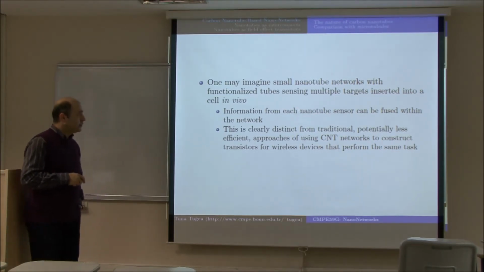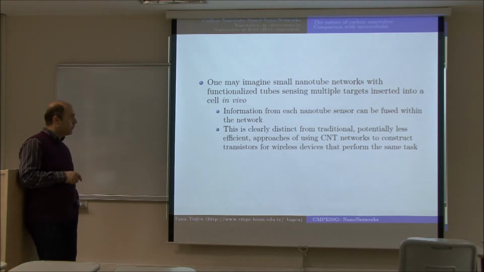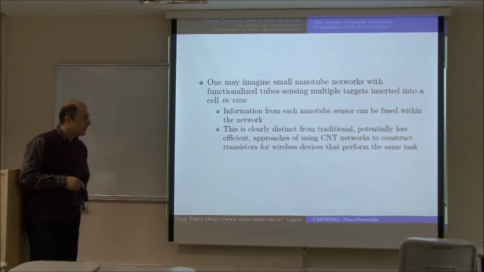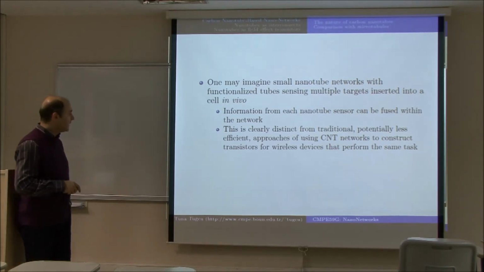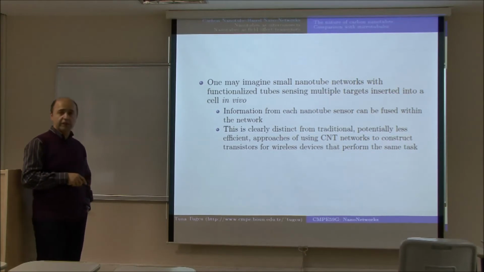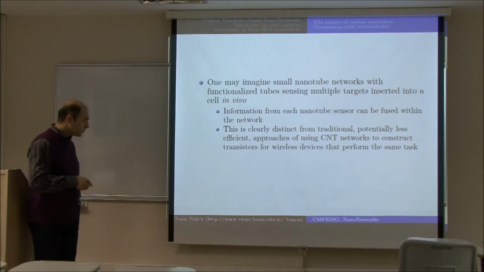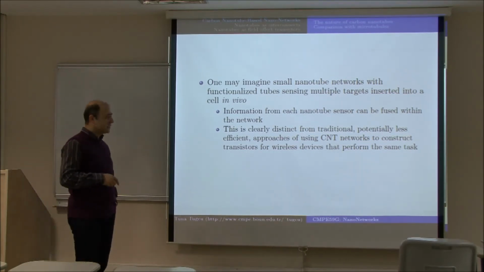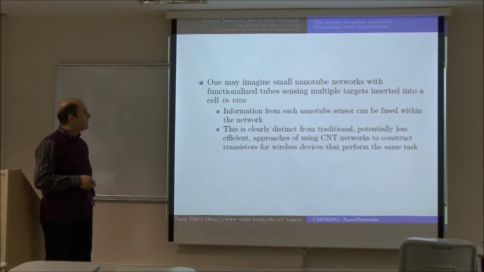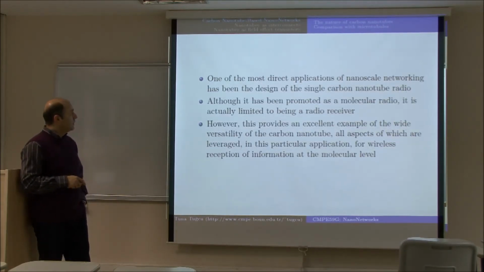So information from each nanotube sensor can be fused within the network rather than transported all the way to the destination. During the transport, you can do the fusion. And this is clearly distinct from the traditional and potentially less efficient approaches of using carbon nanotubes to construct the transistors for wireless devices that do the same thing.